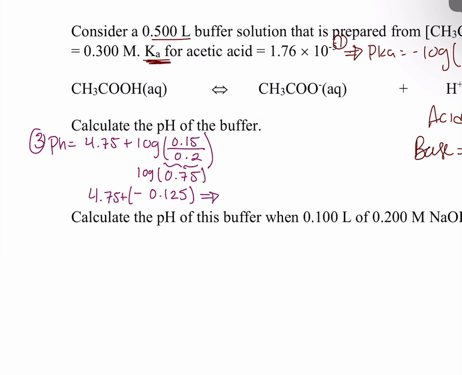Let me do the math, 4.75 plus negative 0.125 gives us a pH of 4.63. This is the initial pH, by the way. Initial.